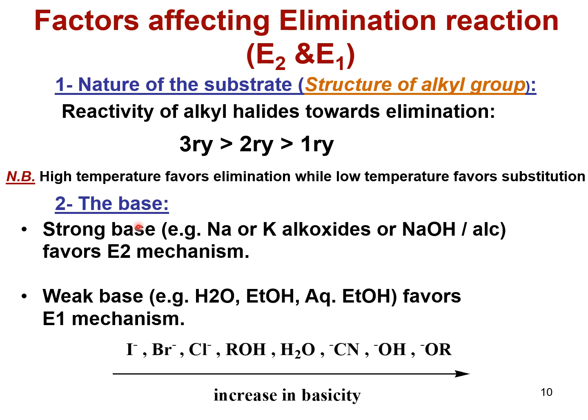And the stronger the base, the more it will prefer the E2 mechanism. You do not really need to care about the fact that weak bases prefer the E1 mechanism, since, as I have mentioned, you do not need to guess which reaction will go through an E1 mechanism, because we did not discuss these cases.